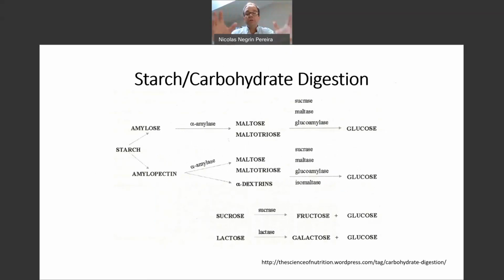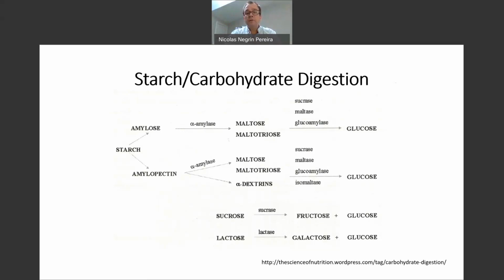And this is a more general diagram showing us the action, as we saw before, of pancreatic alpha amylase acting on amylose and amylopectin. Amylose and amylopectin, remember, are 2 structural components of starch. And alpha amylase from amylose will produce maltose and maltotriose.